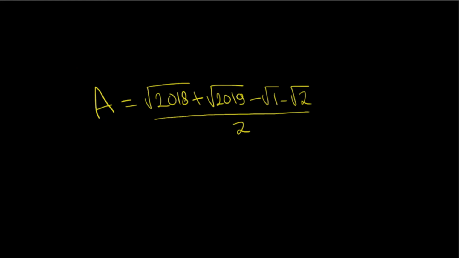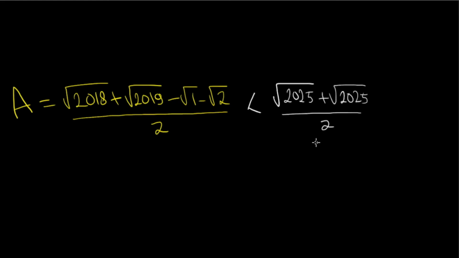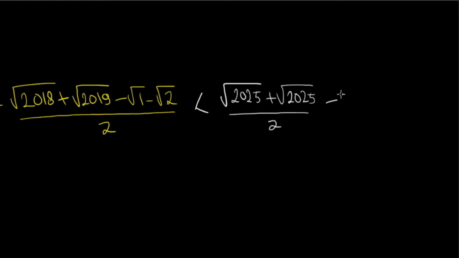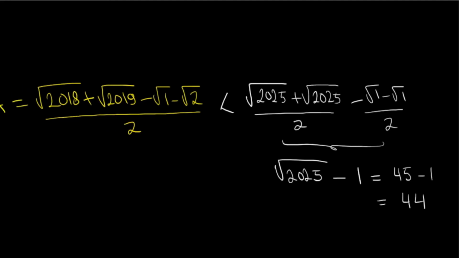Now let's try to find an upper bound, making it as close as possible. We start from square root of 2025, and then minus square root of 1 minus square root of 2, over 2. That is close enough, and this will be equal to this minus 1. The square root of 2025 is exactly 45, and we have 44 here. Maybe this could be the n plus 1.